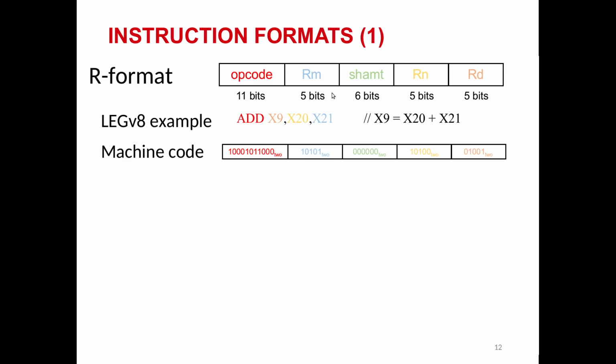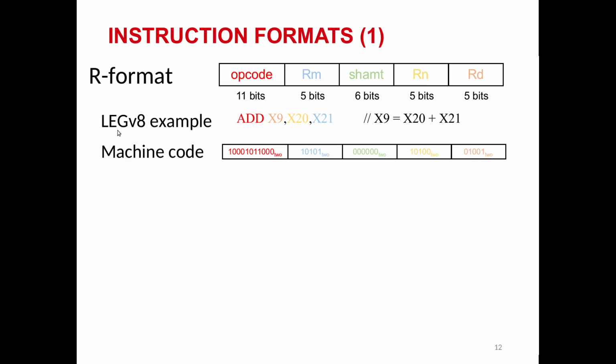Its 32 bits are divided into 5 parts. The first part is always the opcode, which takes 11 bits, and then Rm, 5 bits. This part we don't need to care about at this time. Rn is 5 bits and Rd is another 5 bits.